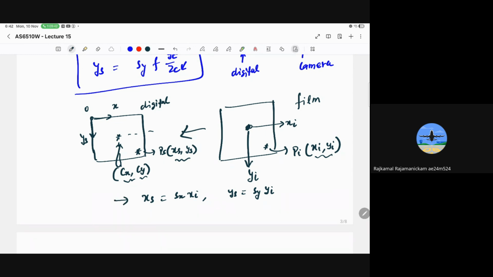Now if you had the origin here in the digital image, these equations are fine. If you are moving the origin from this point to this point, then you have to simply add these coordinates to find the coordinates of this point.